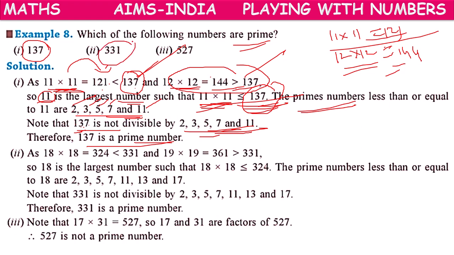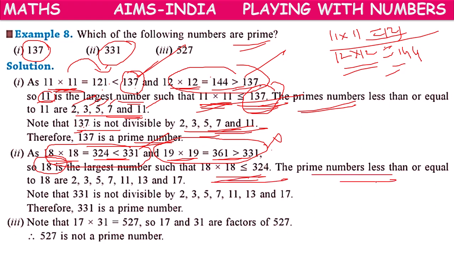Next, 331. 18 into 18, 324. 19 into 19, 361. This is a bigger number, no need to consider it. The smaller number, this one we can consider. 18 into 18, 324, is less than 331, so 18 is the largest number satisfying this condition.